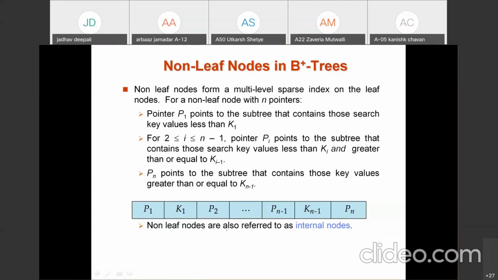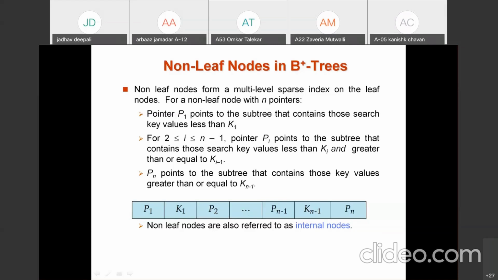Then what about pointer P2 through the remaining n minus 1? The pointer P2 points to the subtree whose search key values are greater than or equal to K1 and less than K2. If it is Mozart, then P2 points to the subtree whose values are greater than or equal to M, meaning Mozart is also included, and less than K2.